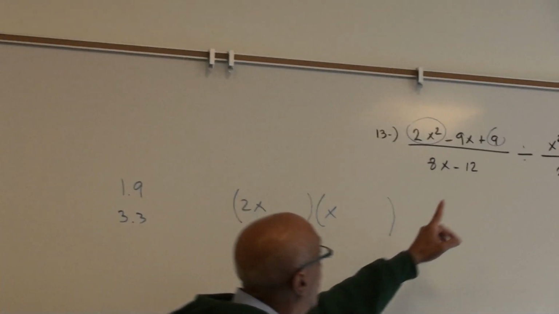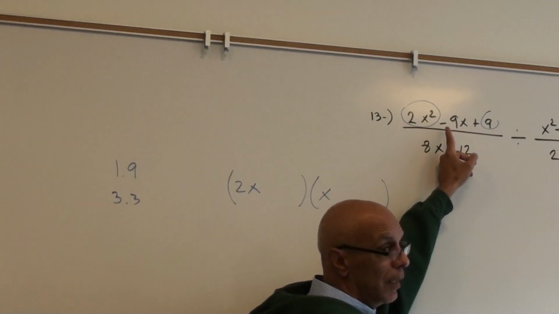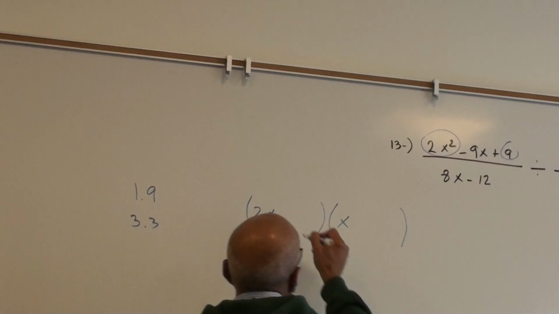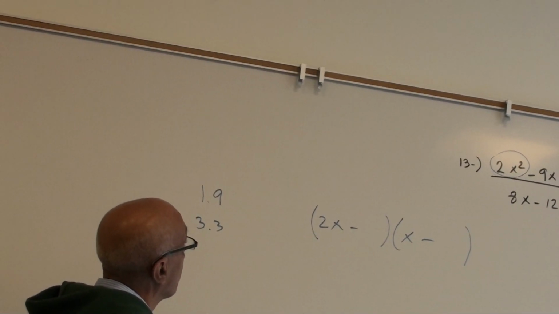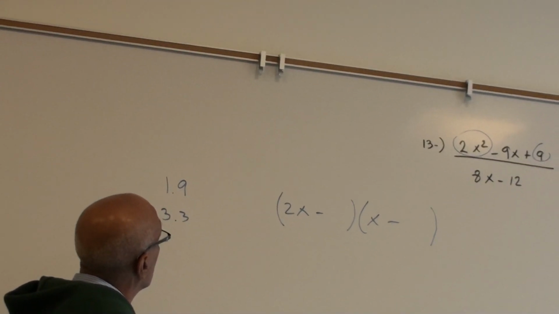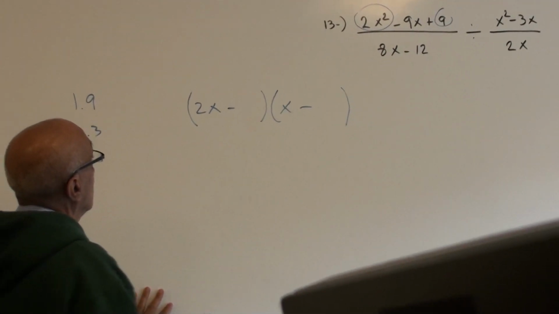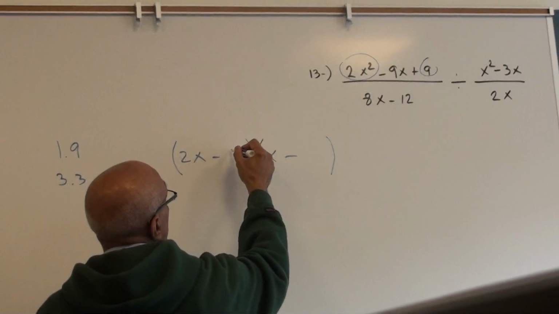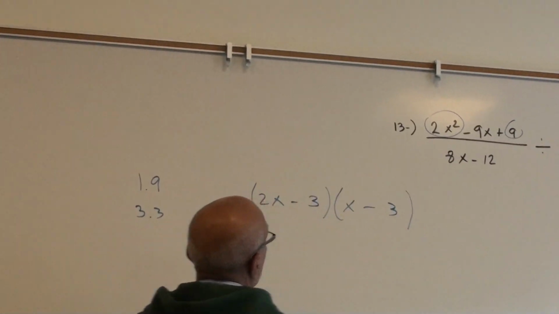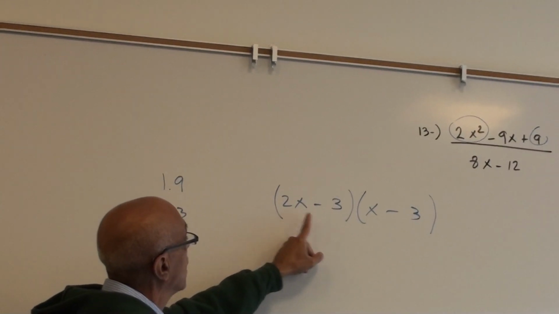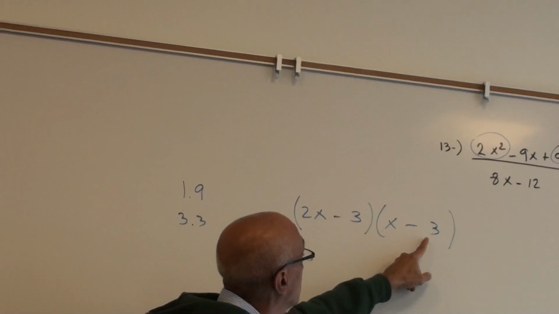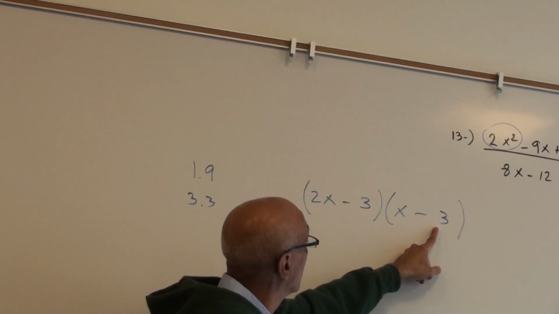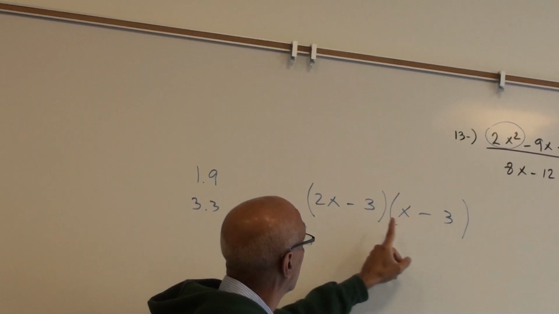I see that the product is positive, but the sum is negative. So it means that both are negatives. And let's see, it looks like it's going to be 3. Let's try it, okay? 2x times x is 2x squared. 2x times negative 3 is negative 6x.